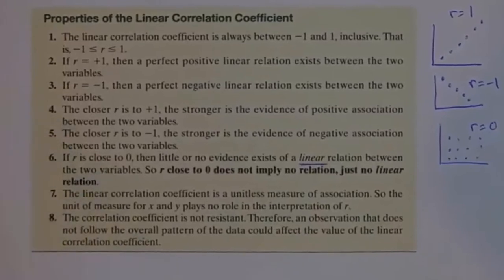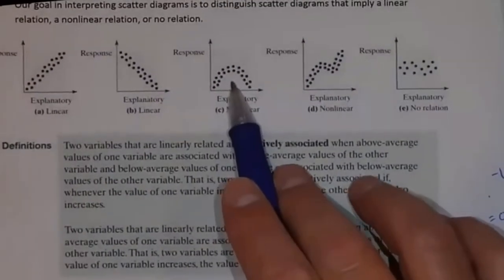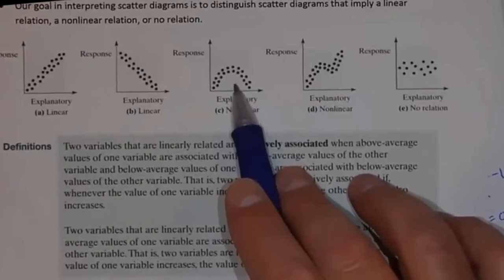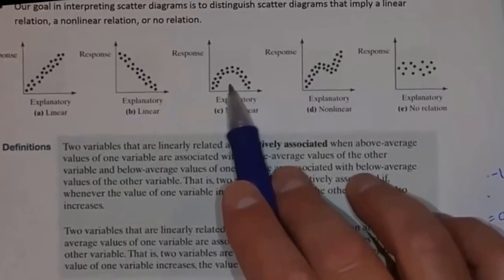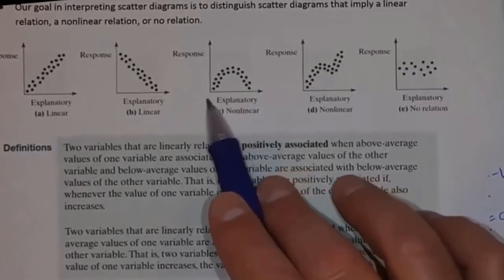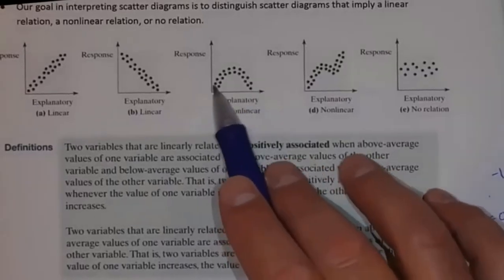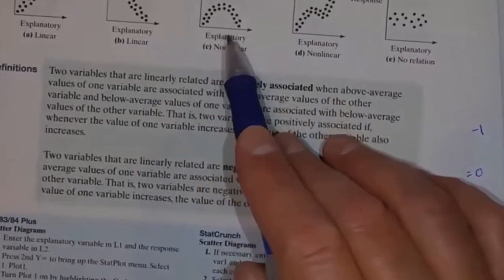If R is close to 0, that doesn't necessarily mean there's no relation at all. That just means there's not a linear relation. For example, if we had this graph, R would be fairly close to 0, probably. But there is a relation here, maybe. It's just not linear.